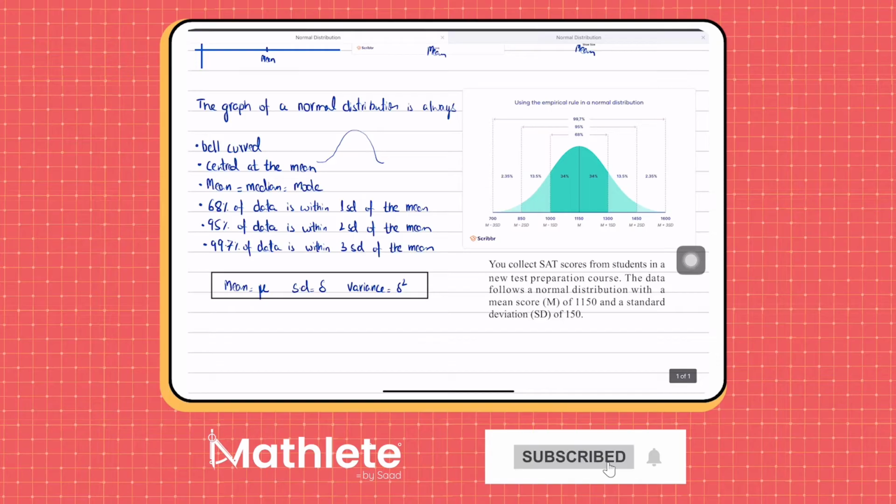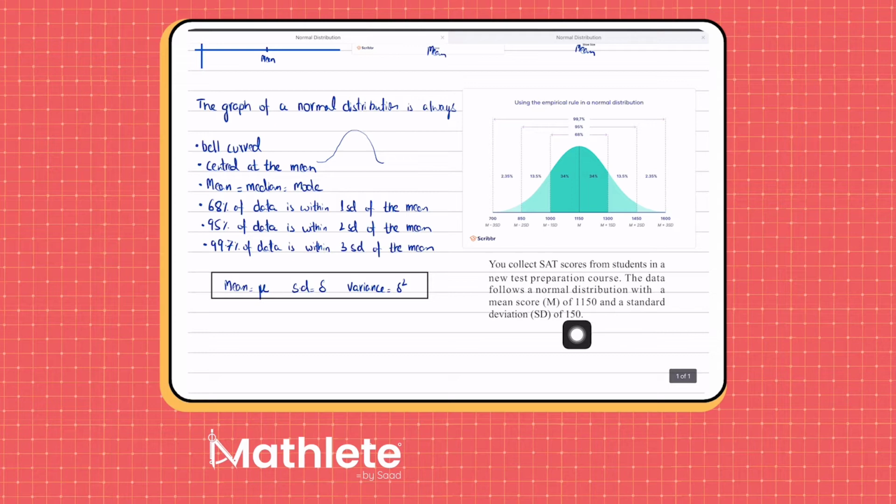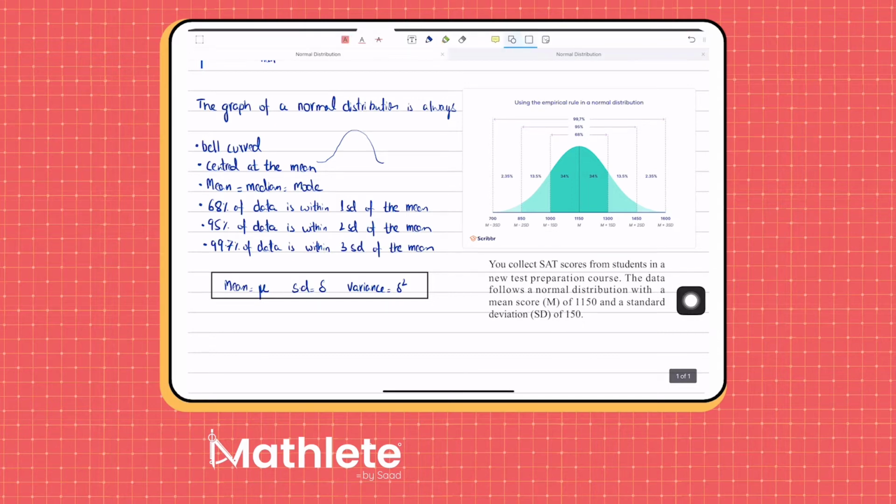Just like that, what is mean minus standard deviation? 1150 minus 150, which is 1000. So these two scores, 1000 and 1300, are both within 1 standard deviation of the mean. And what did we learn?